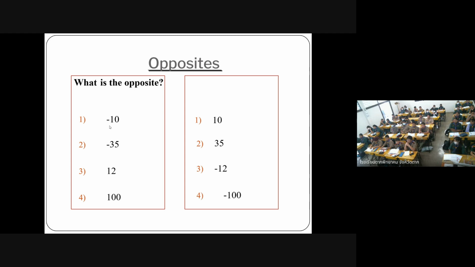It is negative 100, okay? It's different from absolute value because the absolute value answer is always positive. But for opposite number, if it's positive, make it negative. And if it's negative, make it positive. Understand?